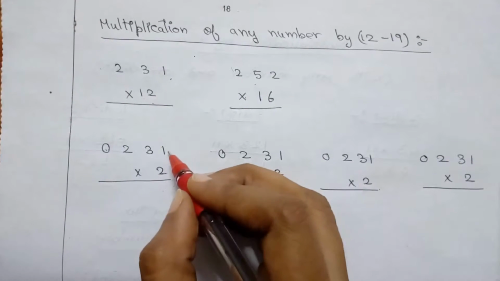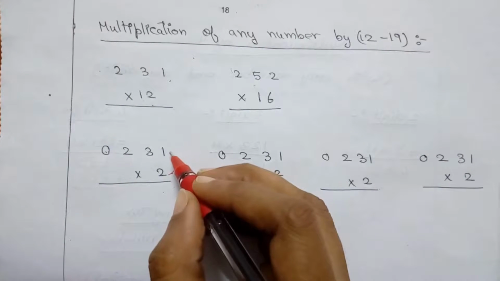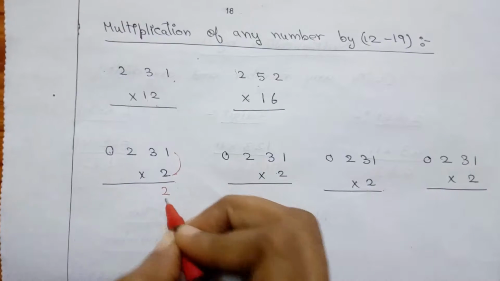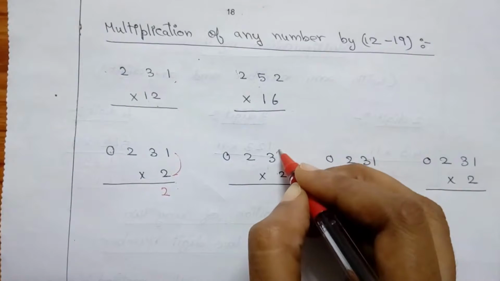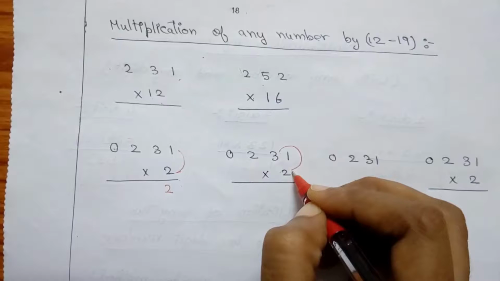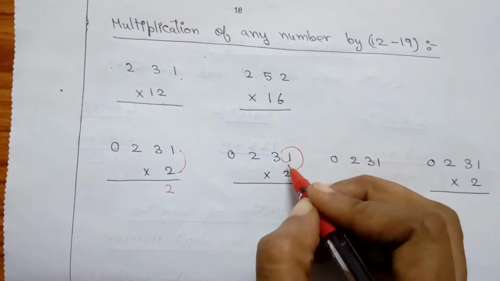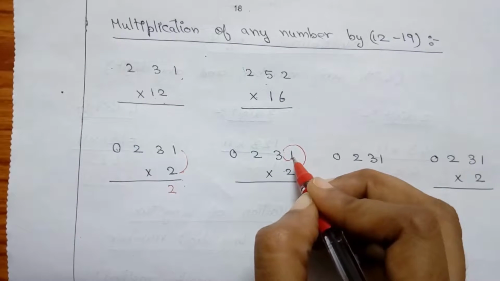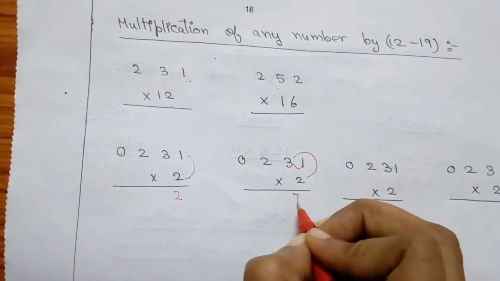The first step will be multiplying these two numbers, 1 into 2, which will give you 2. For the second step, you will multiply this number, 3 into 2, and add the previous number. 3 into 2 will give you 6, and adding the previous number 1 will give you 7.